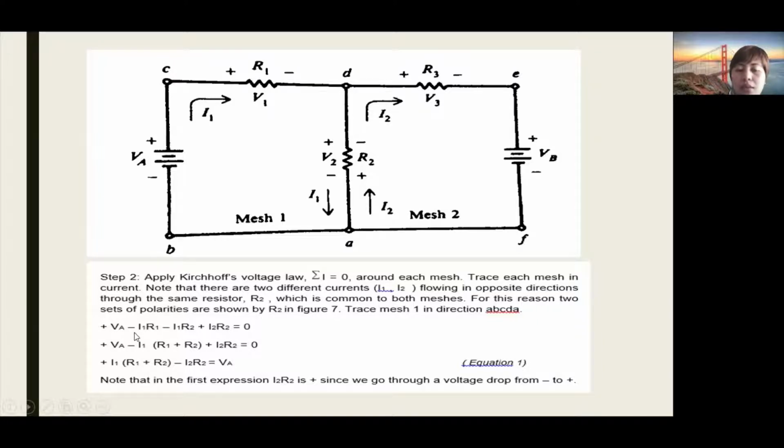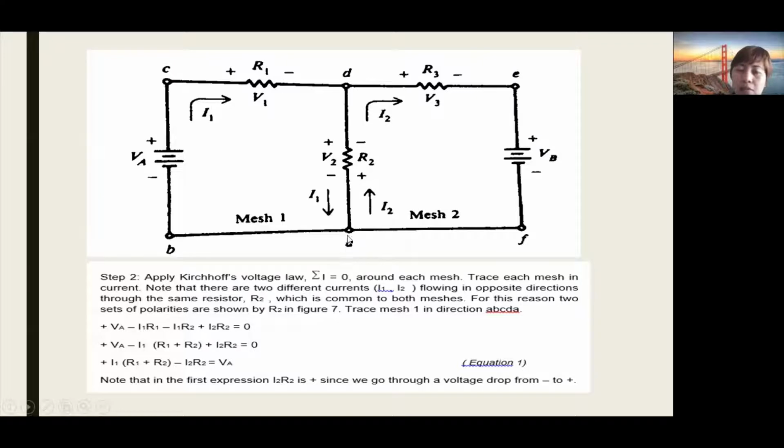So what are the voltage drops? Minus I1 R1, minus I2, because it's a voltage drop. So this is for A, B.